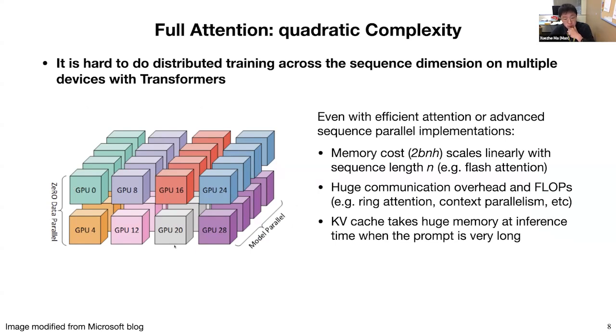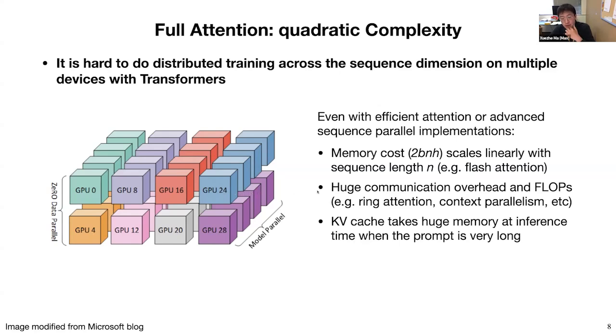If we want to parallelize our computing, then each device, or each GPU, needs to collect all the keys and queries from other GPUs, which triggers a significant amount of communication. That makes parallel computing more expensive.